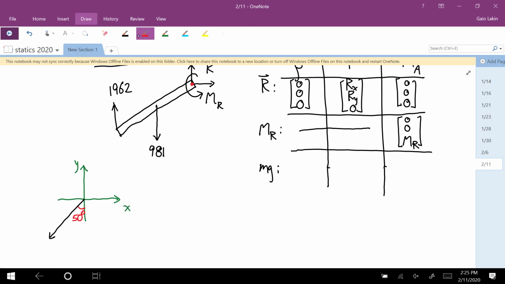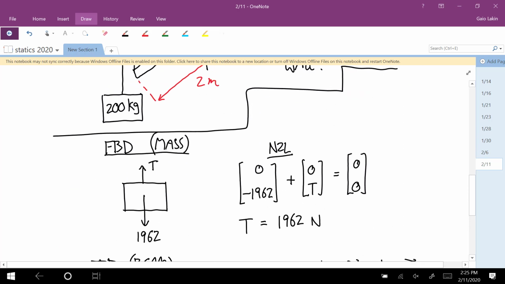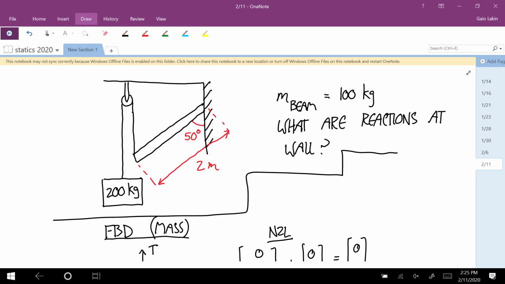Now the angle that we want is from the positive x-axis to this. So that's 270 minus 50. So that angle is 220. The length of the beam is 2 meters. So the distance to the middle of the beam is 1 meter.